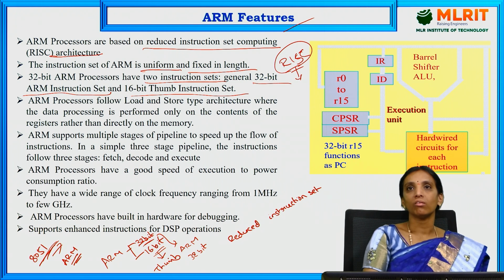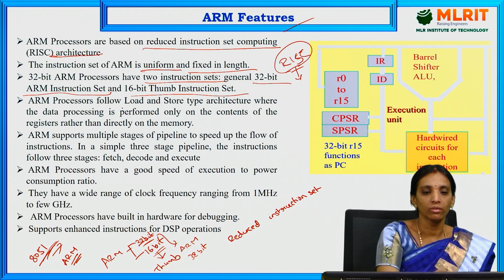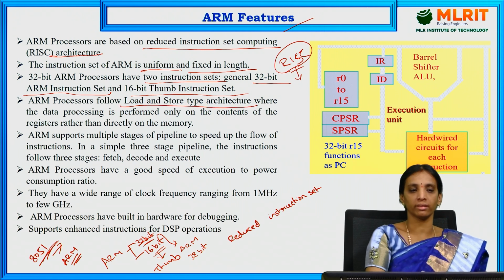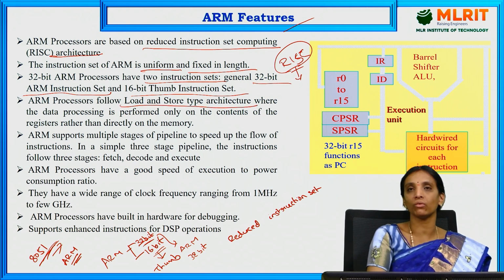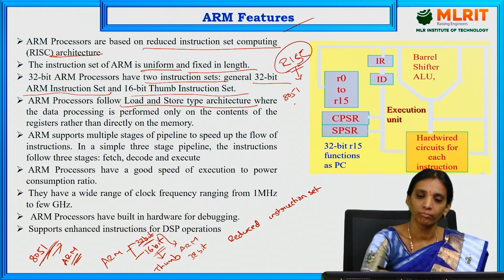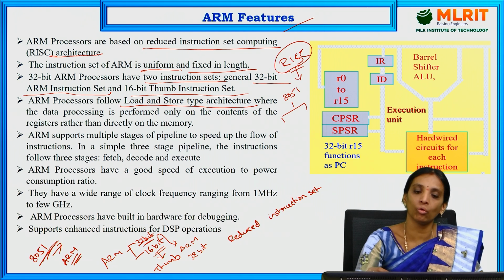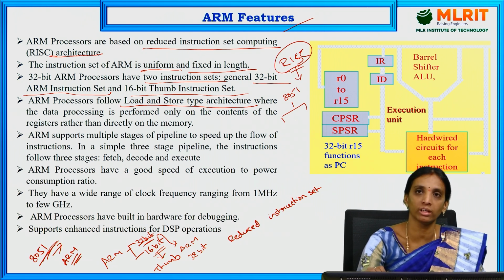One of the important features of the ARM processors is that it uses the load and store architecture. By using this load and store architecture, we can directly transfer the data to the memory from the processor registers. In 8051, there is no on-chip memory, and in some processors the on-chip memory facility is also there.